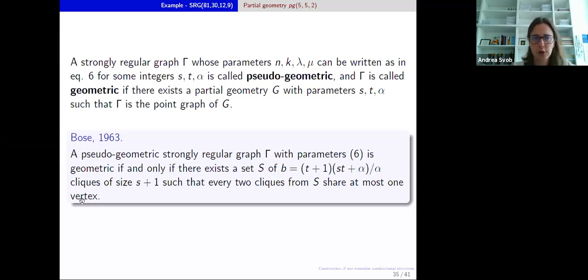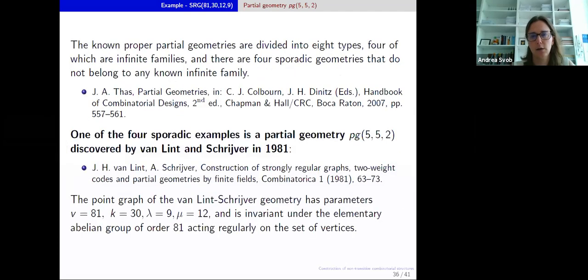And this condition is very important for checking whether your pseudo-geometric graph is geometric.